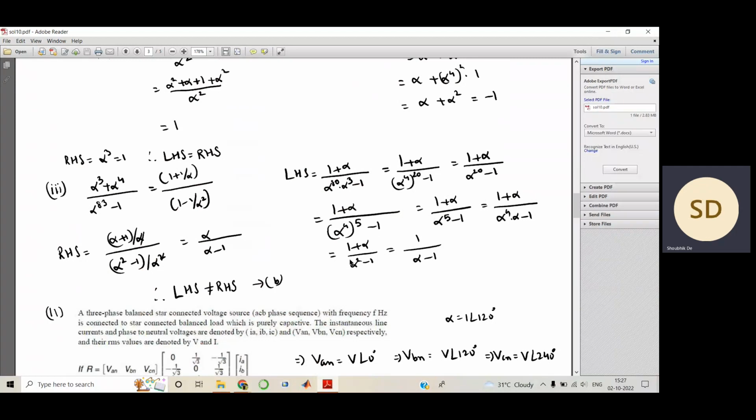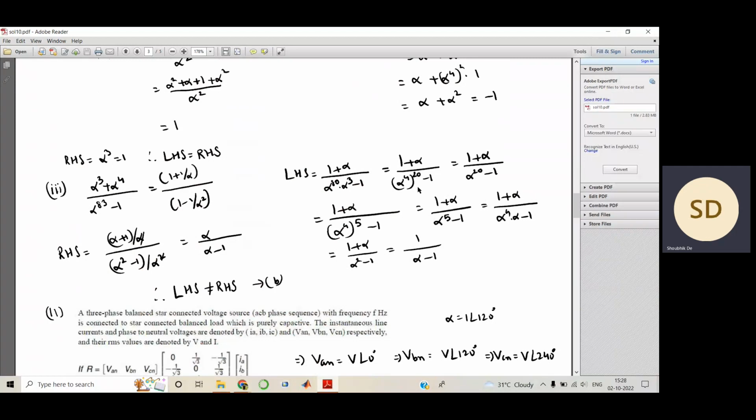So those two terms get cancelled and we are left with 1 by alpha minus 1. Now finally we have the right hand side. Simplify these terms and finally you get this to be alpha by alpha minus 1.